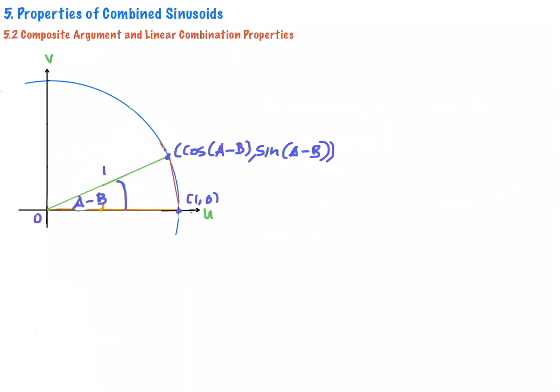Same as what we have over here, cos(A minus B), sin(A minus B), if the radius is equal to 1. And let's find the d again.